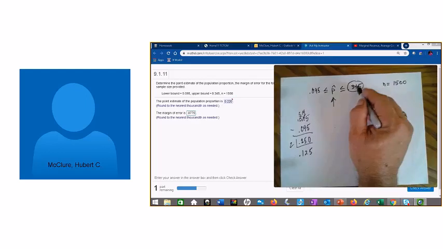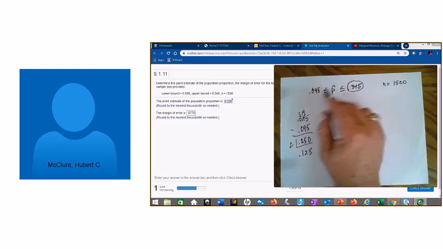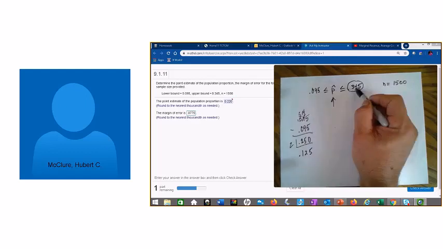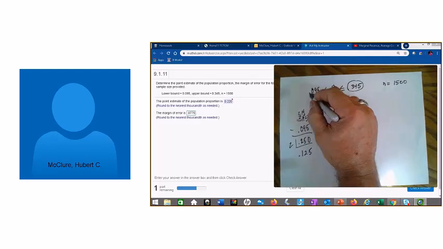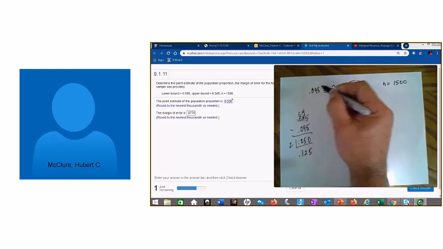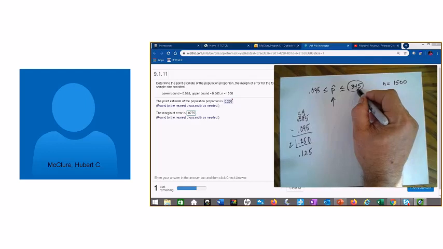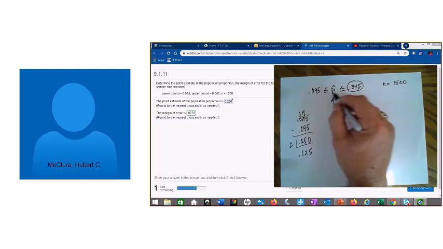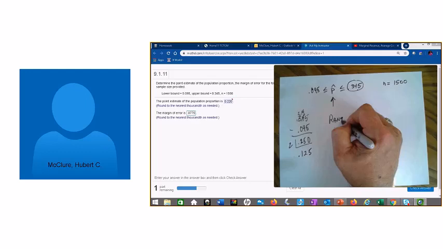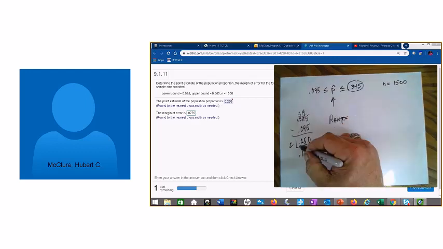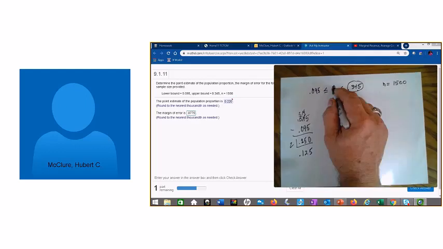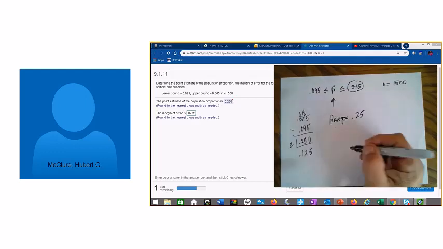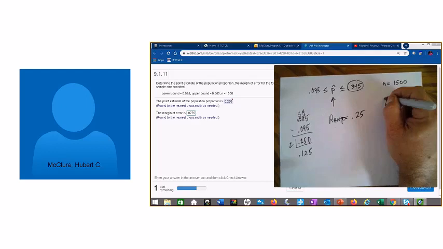Take the upper bound minus the lower bound, that's the range, that's the distance. The distance between here and here is 25 cents. Well, let's check. 25 cents plus 10 cents is what? 35 cents. So yes, that's the range. The range is equal to 0.25. Divide that by 2, and that's the middle. So 0.125 is equal to p hat.